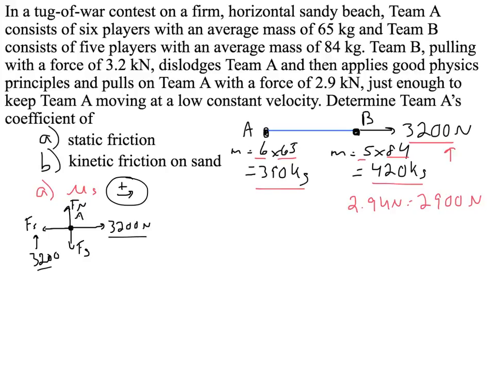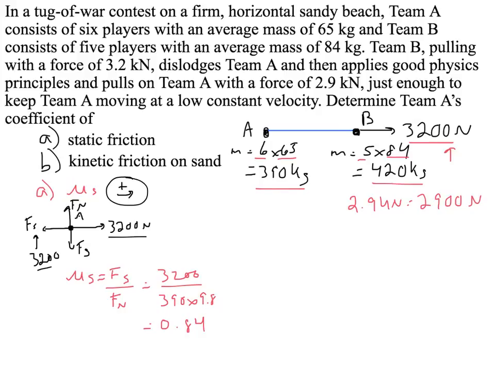So in A, mu s is going to equal Fs over Fn, which is going to equal 3,200 divided by 390 times 9.8, and that gives us a final answer of 0.84.